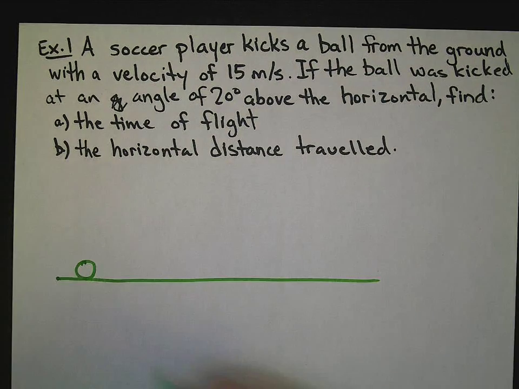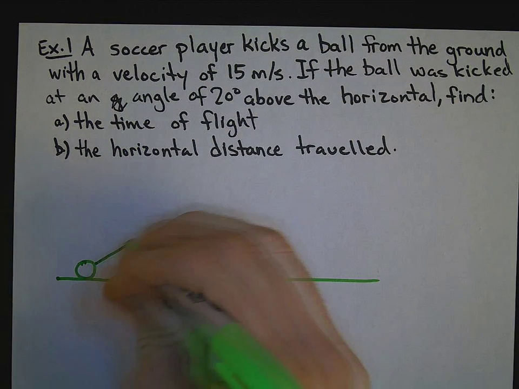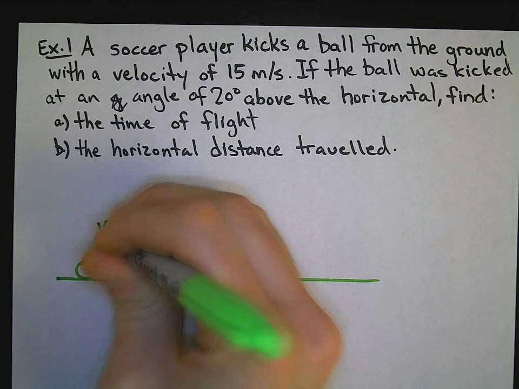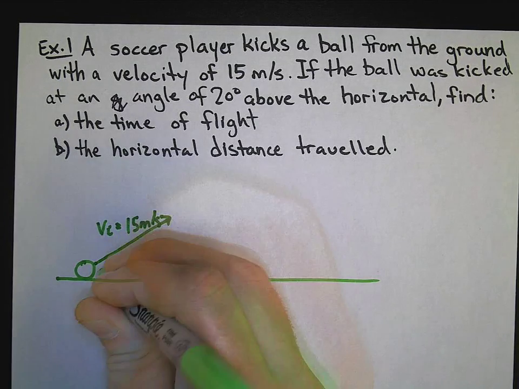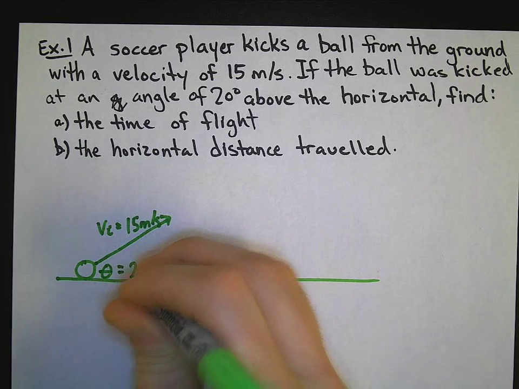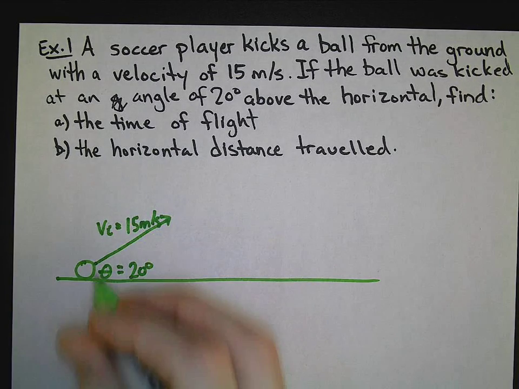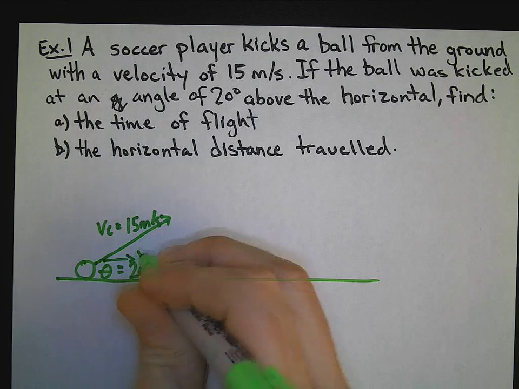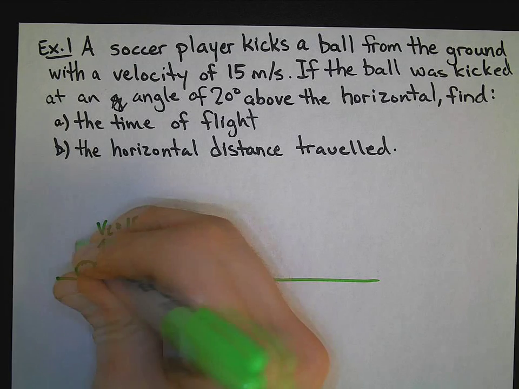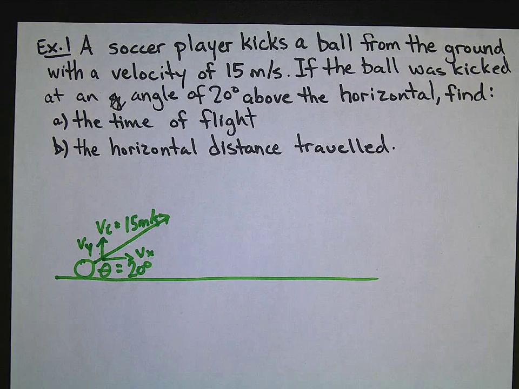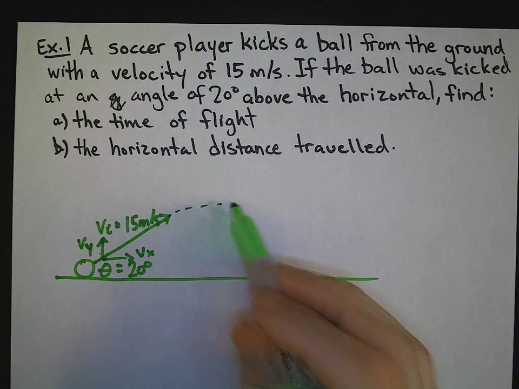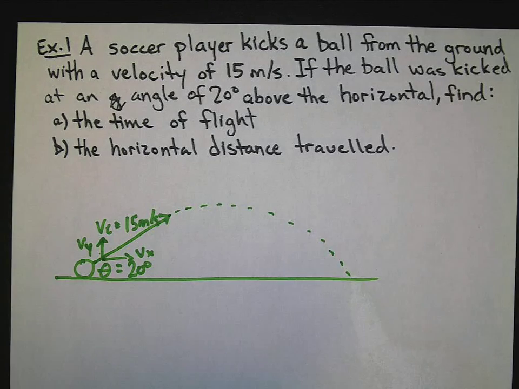It's kicked at an initial velocity of 15 meters per second at an angle of 20 degrees. Because we can break that up into both the x component and the y component, in a few seconds we'll see why we will do that. So we are asked in part A to determine the time of flight.